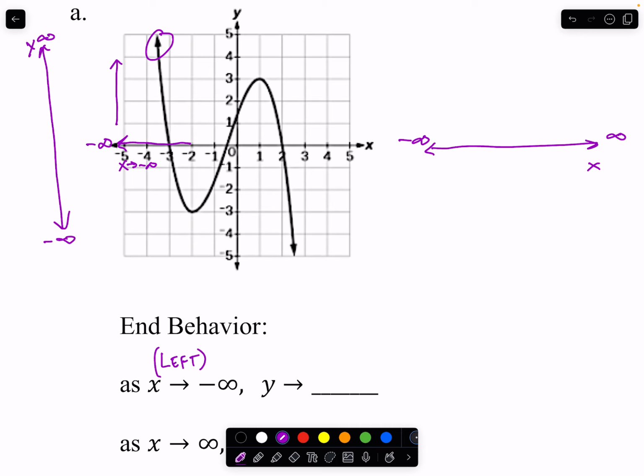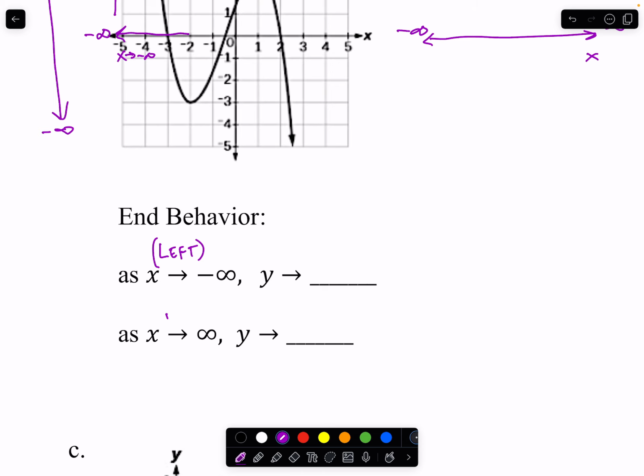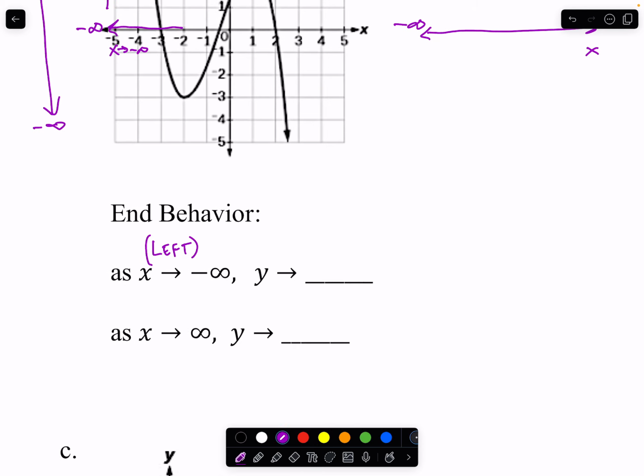So as x goes to negative infinity, y goes to positive infinity, and that means up.